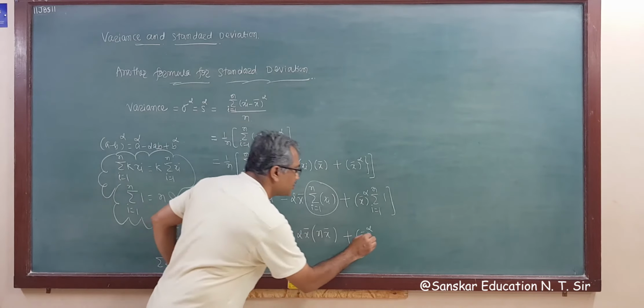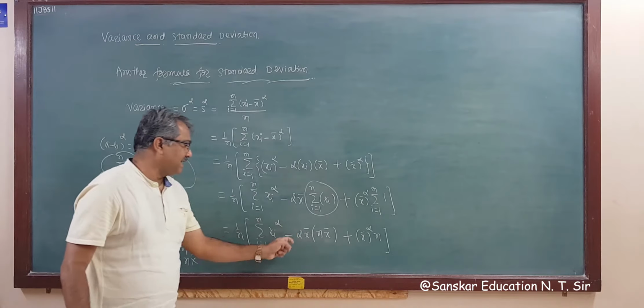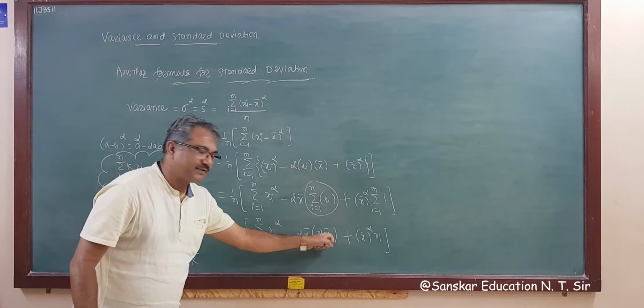So this is n x bar square, and this is 2 times n x bar square, right?